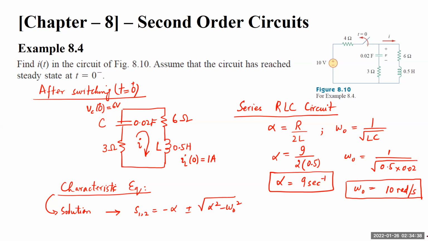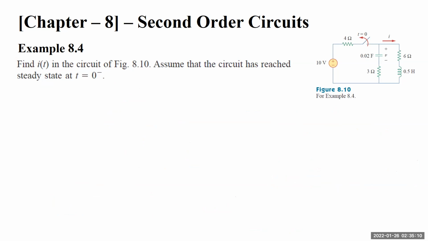Okay, so when we have alpha and omega naught like this, and we know that alpha is less than omega naught, it means that the response of the solution will be underdamped. So the response for the solution will be an underdamped response.